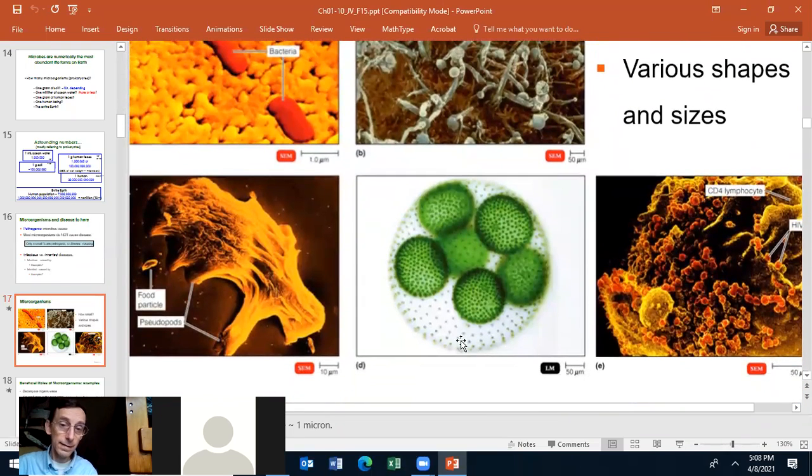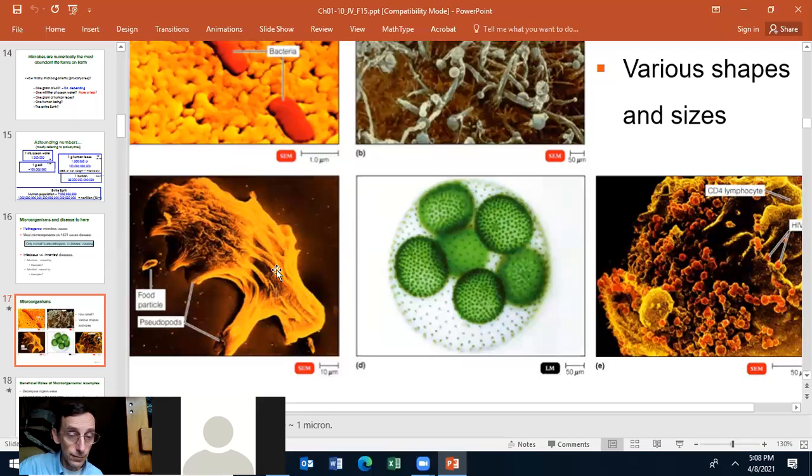Each of these dots, the green dots, is a cell. And this is a colonial protist, and you'll notice that this is the parent colony here, and inside the parent it's got 6 daughter colonies growing inside of it, and it's going to open up and then release the daughter colonies to go out.